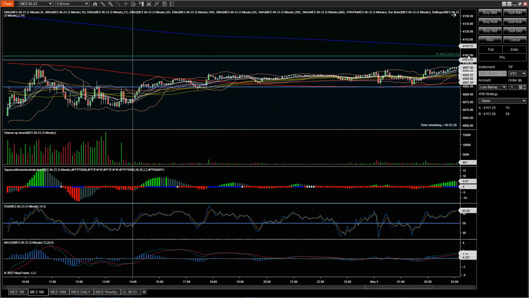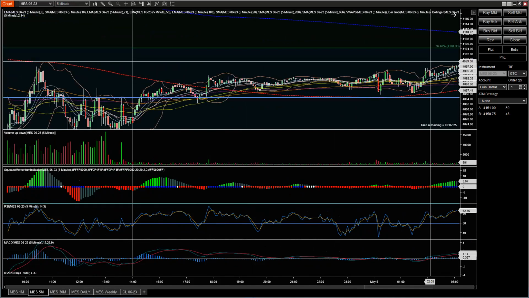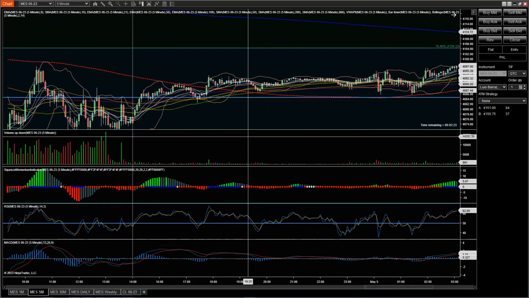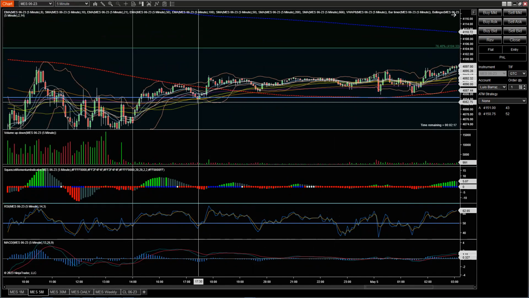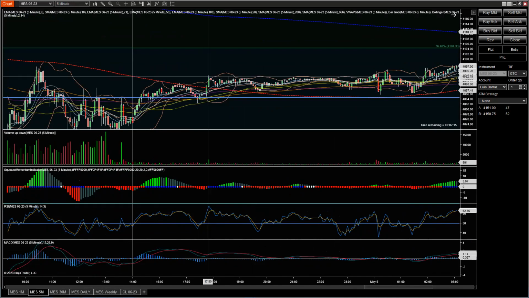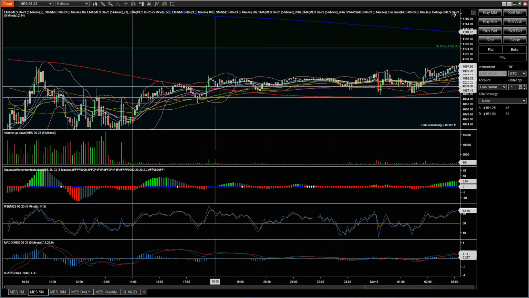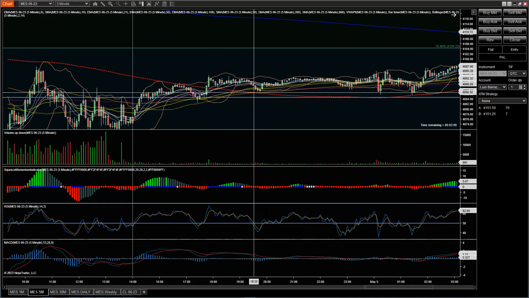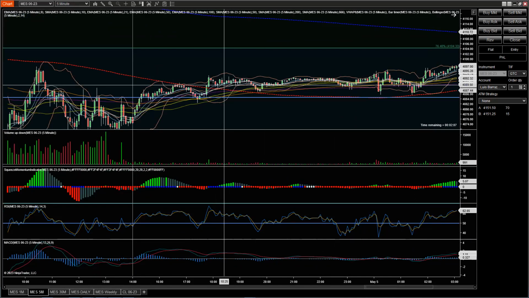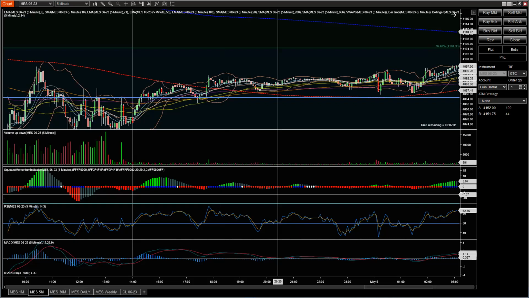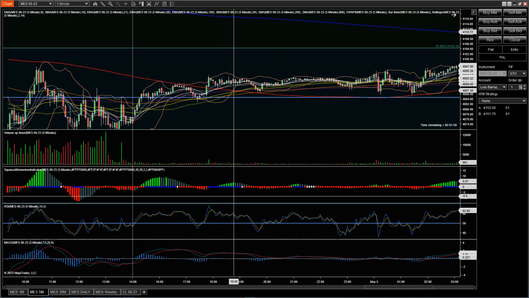Just remember what I say. The way that I use moving averages, I use the same confirmation level that we were taught in the first three lessons. You want to see price action smash through a level, come back and test it. That's your confirmation. Right here, you could have got in, but you would have had some drawdown. But the confirmation, you're using it in tandem with other indicators, RSI, MACD.